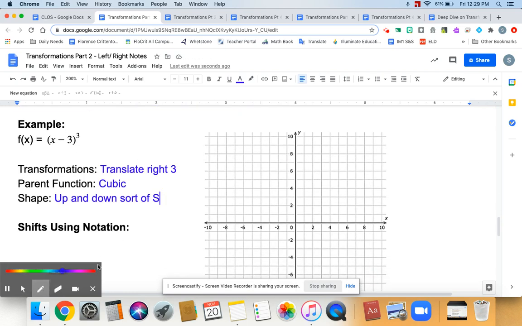So to graph this, I take my vertex at 0, 0. I'm going to go right 1, 2, 3. And now I have my new vertex. From there, I go right 1, up 1. And then from my vertex, I'm going to go left 1 and either up or down.